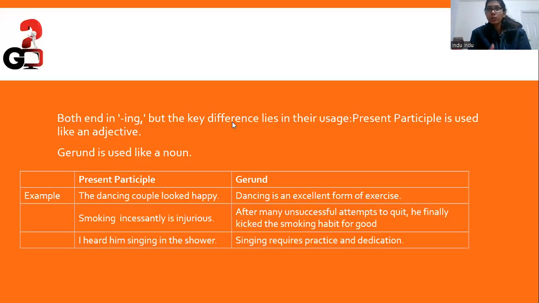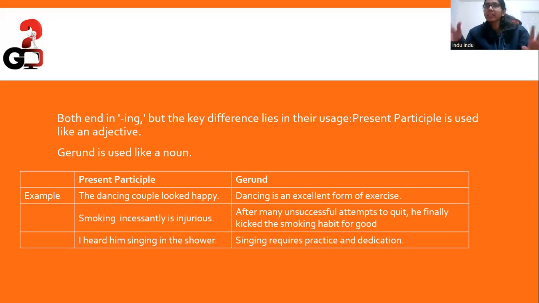Now, talking about present participles versus gerunds. Both end in ing, but the key difference is in the usage. A present participle is used as an adjective, whereas a gerund is used as a noun. Right? So currently we are looking at the difference between gerund and the present participle.